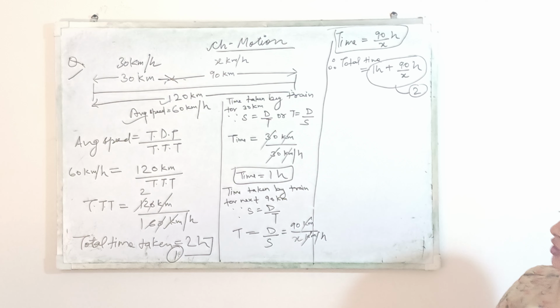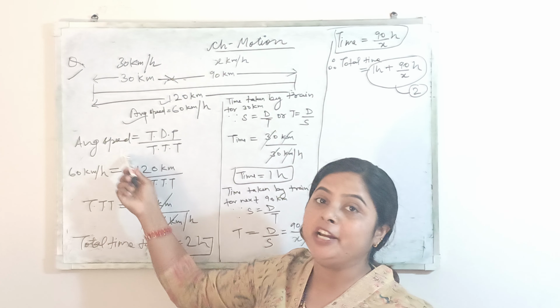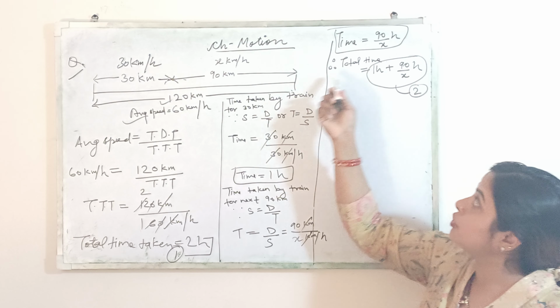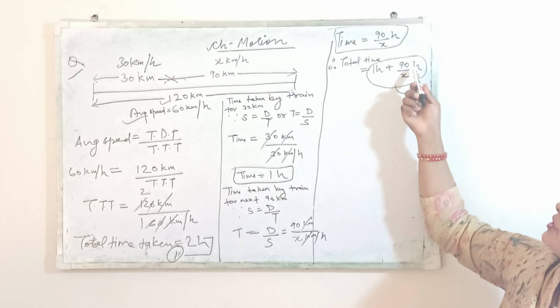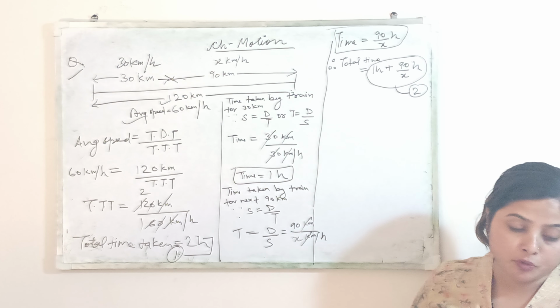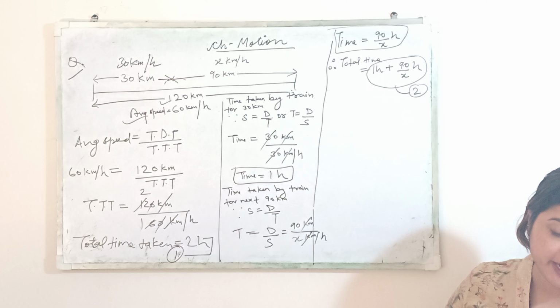Now, as you know, we have already calculated total time by average speed, and that total time was 2 hours. And in another manner also we have calculated total time, that is 1 hour plus 90 by x hour. Okay, so total time we have calculated.